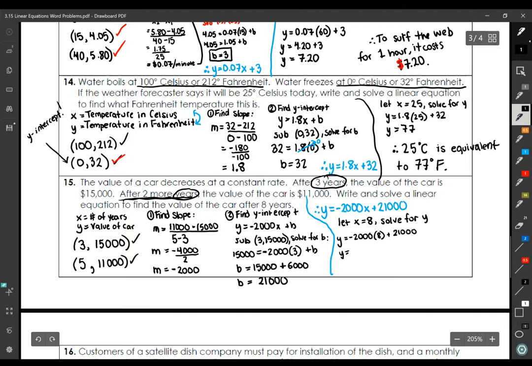And that's going to give us 21,000 minus 16,000. We're going to get $5,000. Okay. So after 8 years, the value of the car is $5,000.